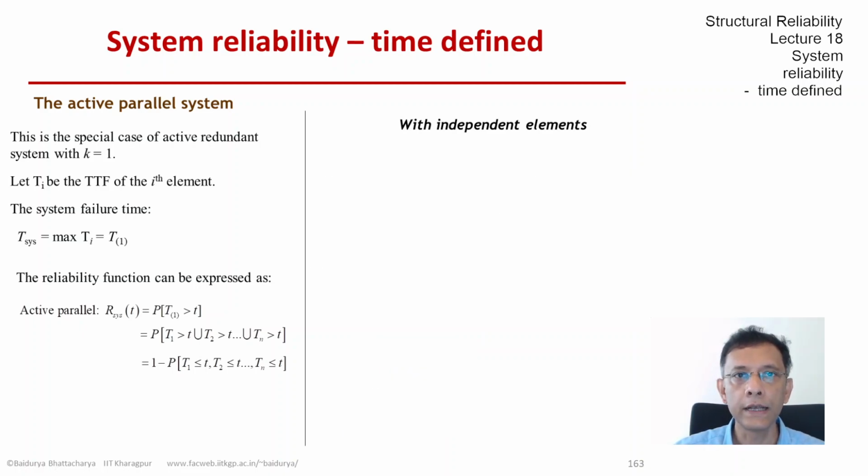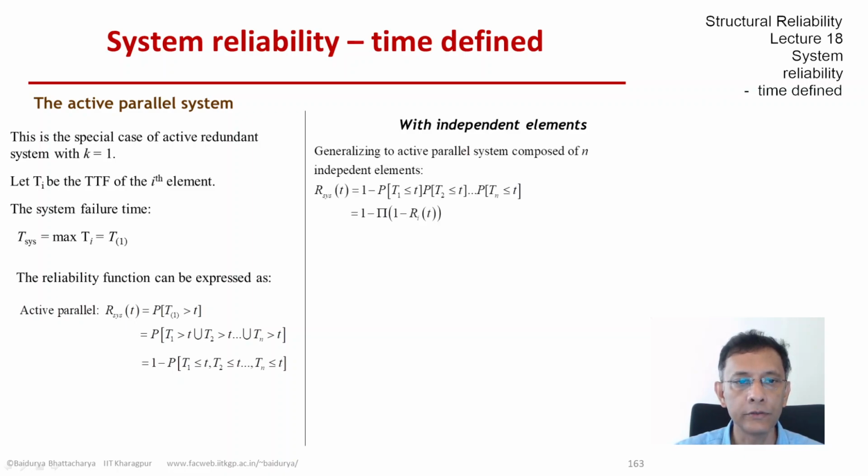Now let's generalize this. Instead of 2 elements, let's have n elements, all independent of each other. So the system reliability is 1 minus the product of 1 minus Ri at time t. So Ri is the reliability of the individual components.